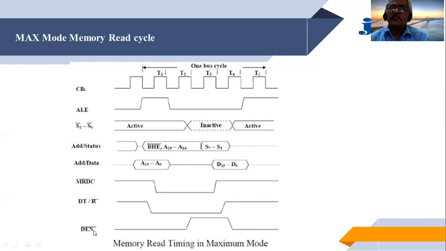Then if DEN is equal to 0 during the T3 state and DT/R bar is low, it is a memory read operation, and then MWTC, the memory write command, will help us in writing the data out to the device.